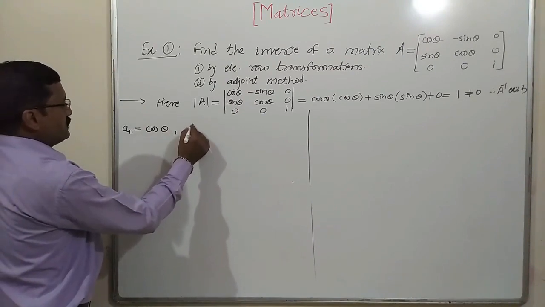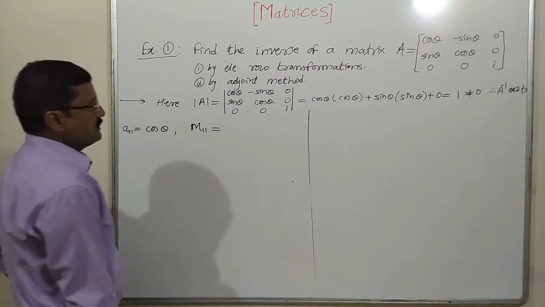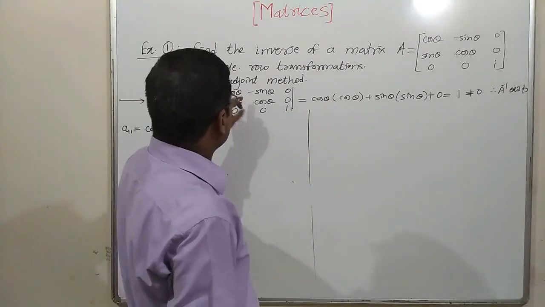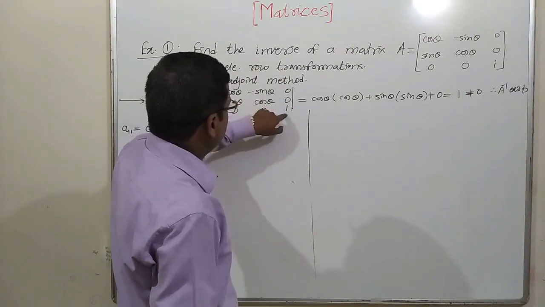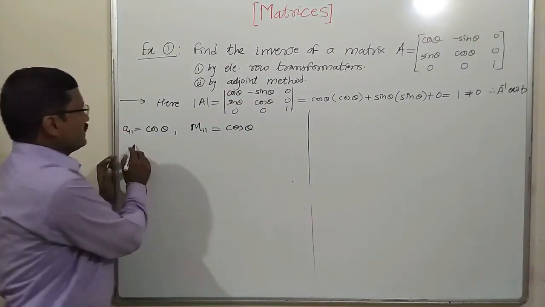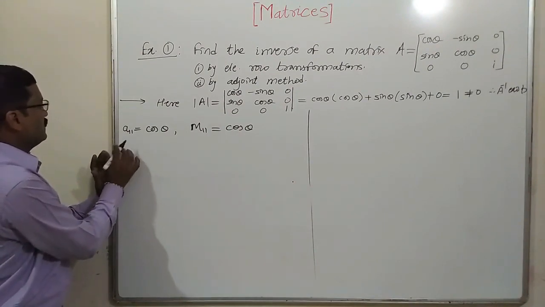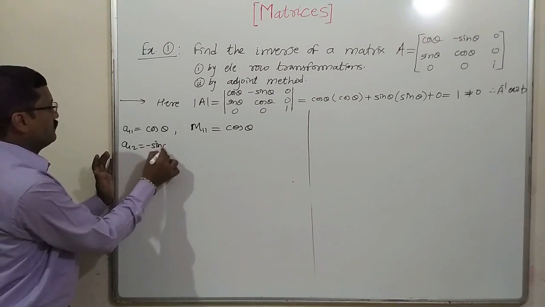Its minor is M11, the minor of this element. So minor means the element remaining after cancelling the column and row. We get cos theta. So this is cos theta. The second element is minus sin theta, that is A12 is minus sin theta.